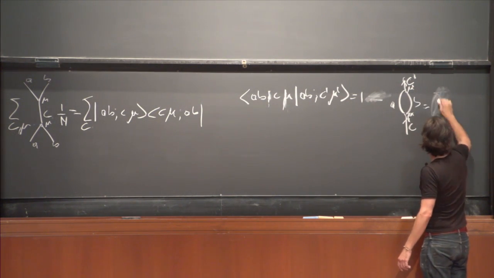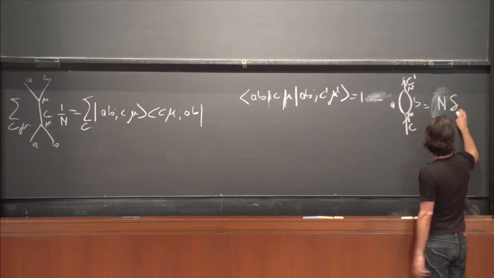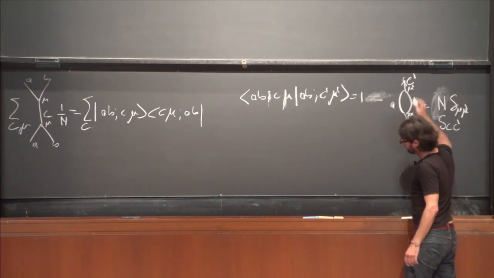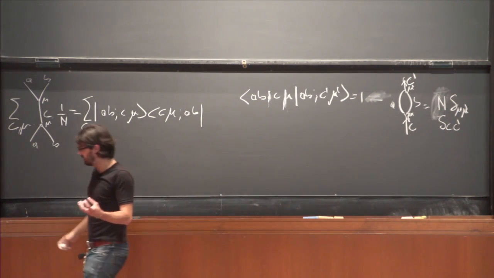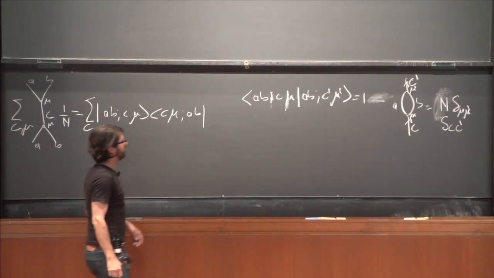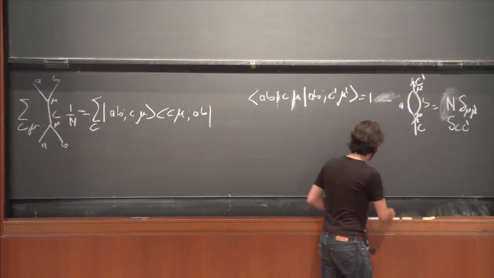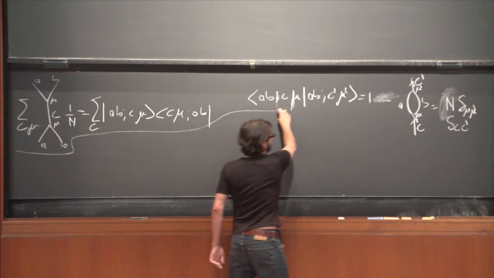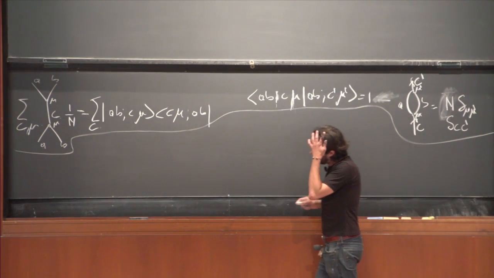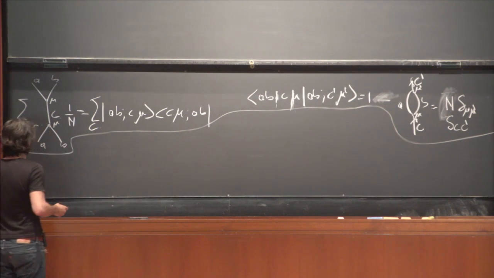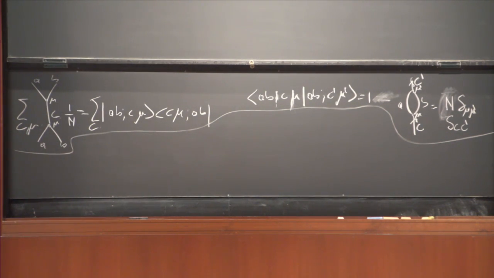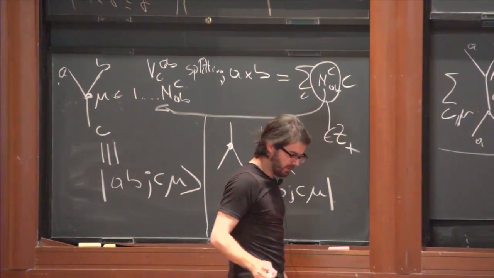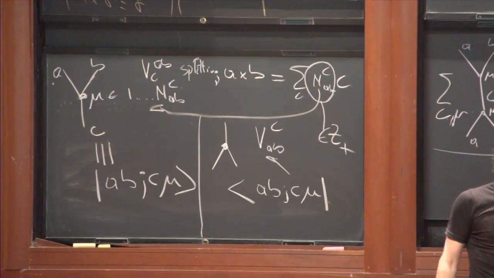So now this is the norm, the same norm that you've got there, times delta mu mu prime, delta C C prime. This norm is, of course, the quantum dimension of the particle, which we'll go through now. Okay, so these are the only things that I need. By using this and these coefficients, the inputs of a theory are going to be these coefficients, which are non-negative. And now we're going to try to build a consistent theory out of this.